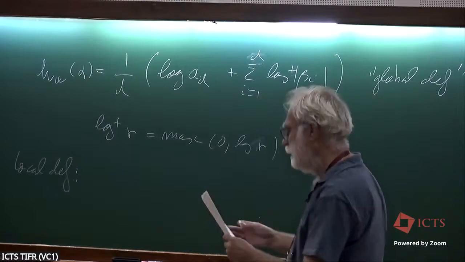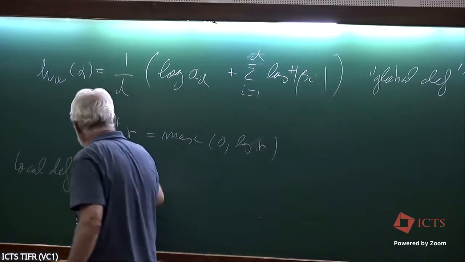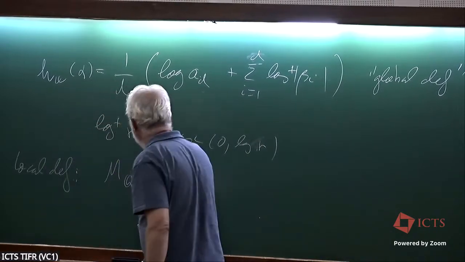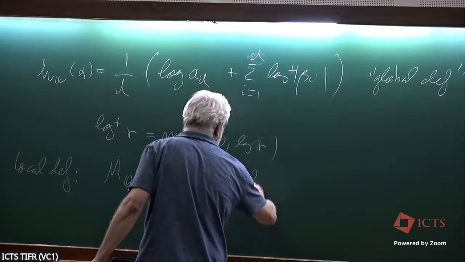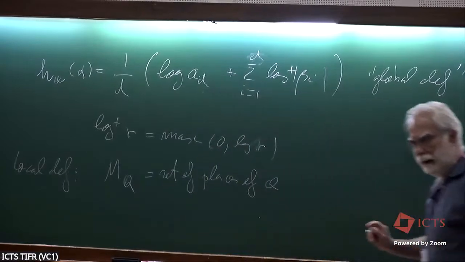So I need to write M of Q. This is the set of places of the rational numbers.